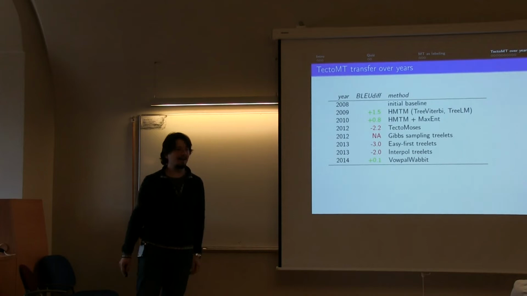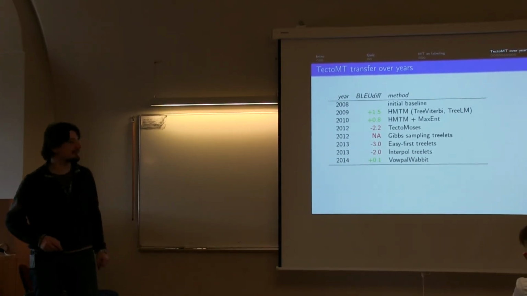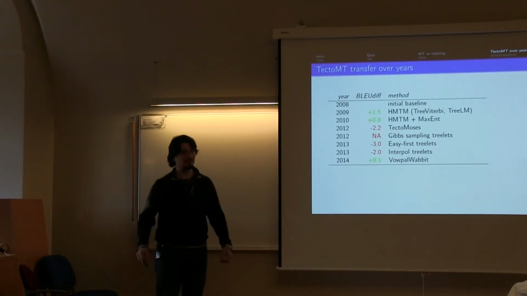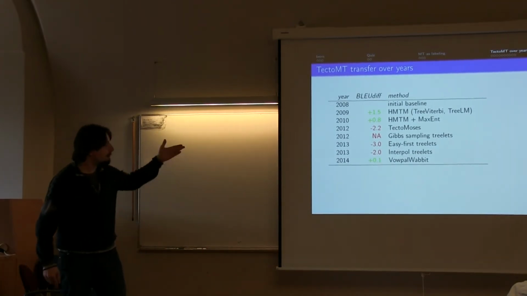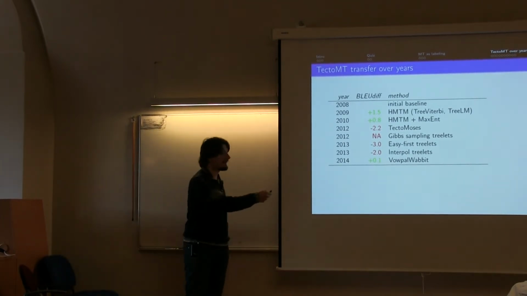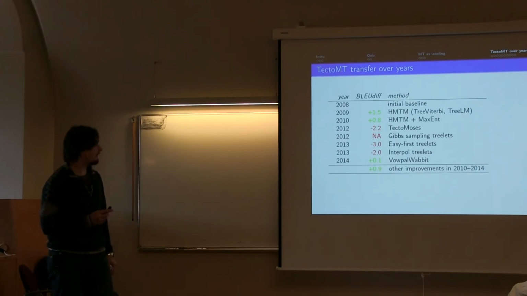But still, I was not satisfied with this, so these are not published. And just last year, I was able to substitute the transfer with something new, and I got a small improvement, and I was quite happy with this. But since then, I had no time to continue with this because, yes, sorry?